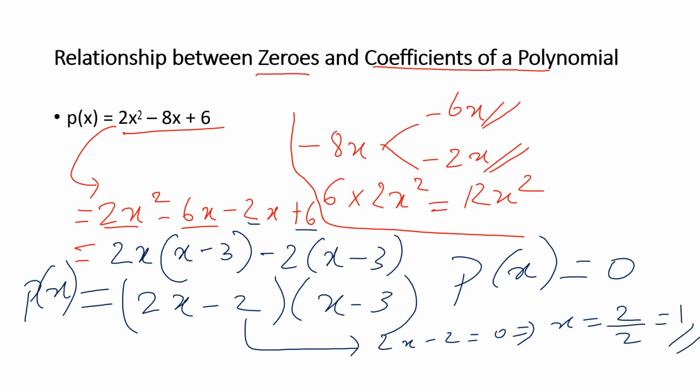And from the other factor we will get x minus 3 is equal to 0, which implies x is equal to 3. So the two zeros of polynomial 2x square minus 8x plus 6 are 1 and 3.